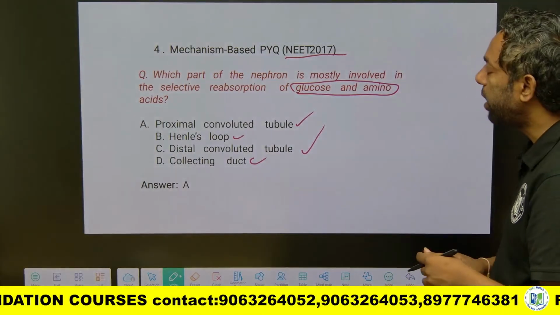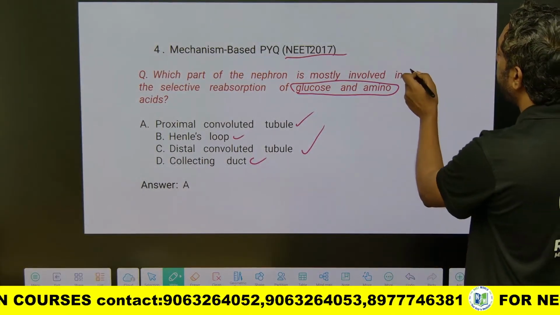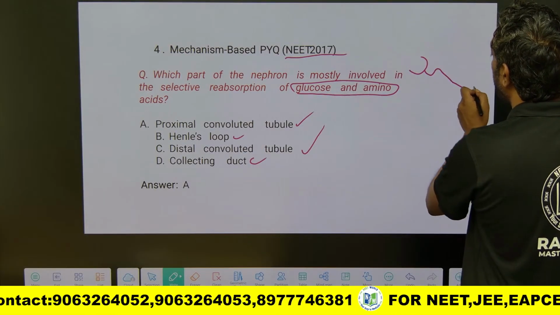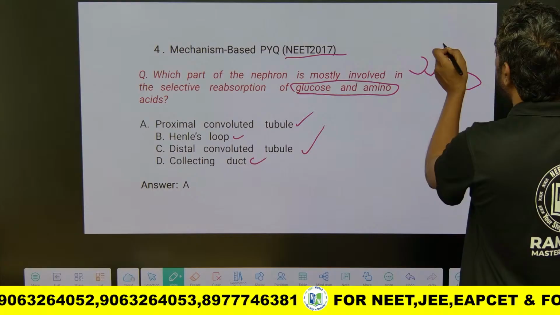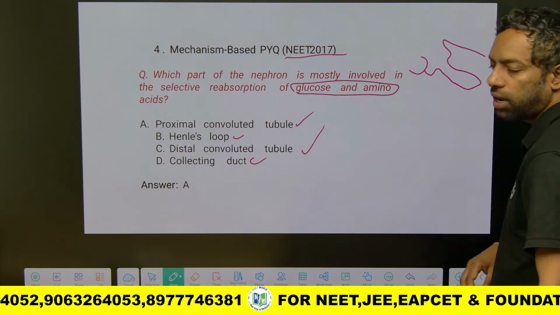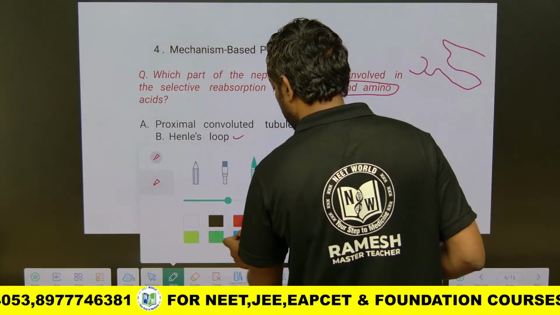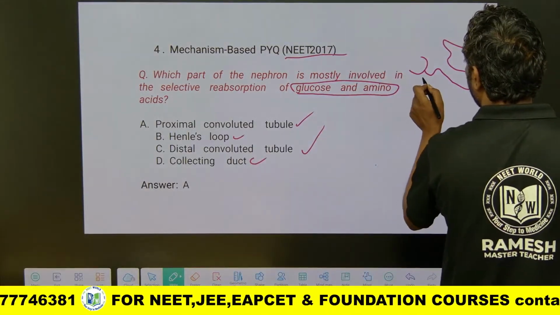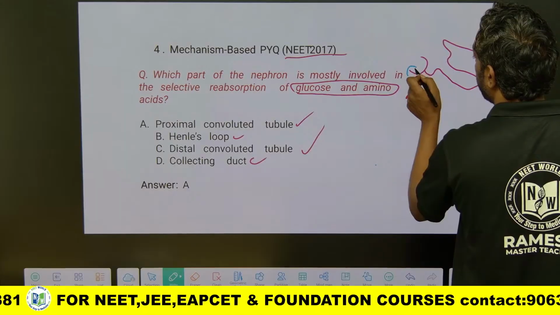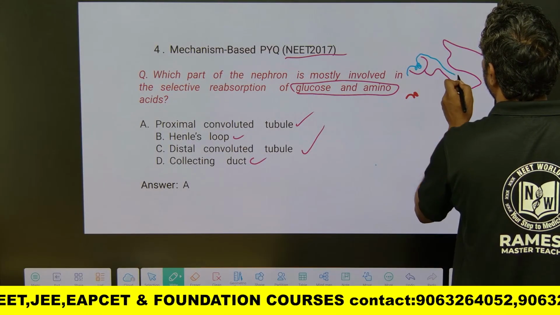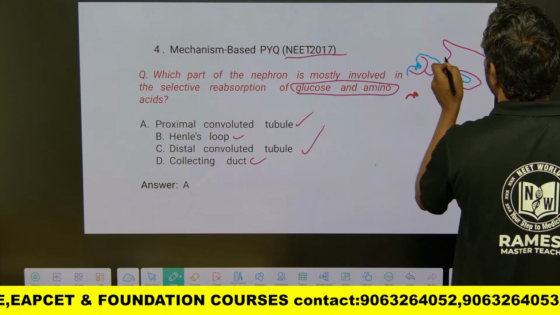There is always reabsorption taking place throughout the nephron. This is the blood vessel, and throughout the nephron there is a blood vessel.